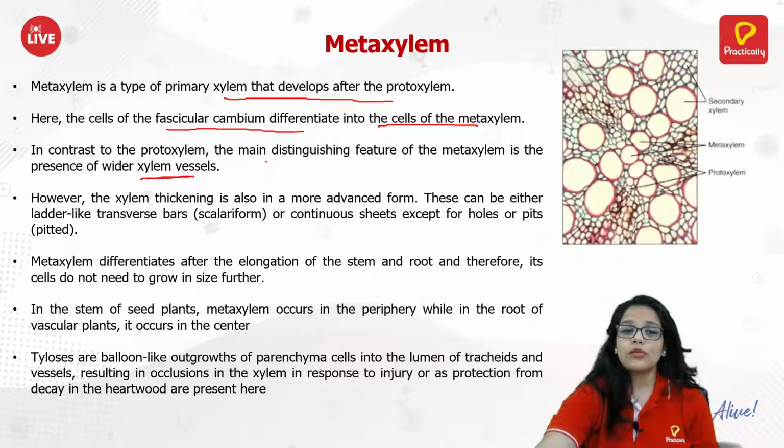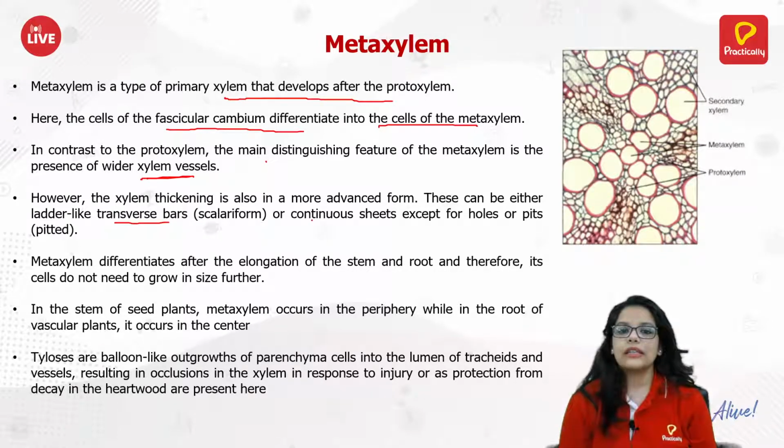They are also in a more advanced form. They can be ladder-like with transverse bars, or a continuous sheet except for holes and pits. They differentiate after elongation of the stem and root.